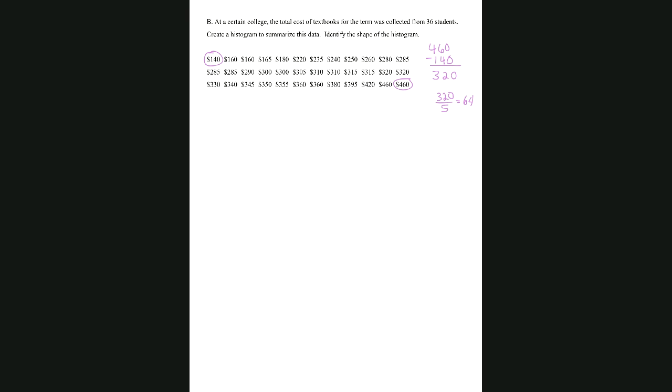So I'm going to create a frequency table here with the classes instead of just the numbers. So class and frequency. So let's abbreviate frequency as FREQ period. Okay, so the first, I'm going to start out with 140.